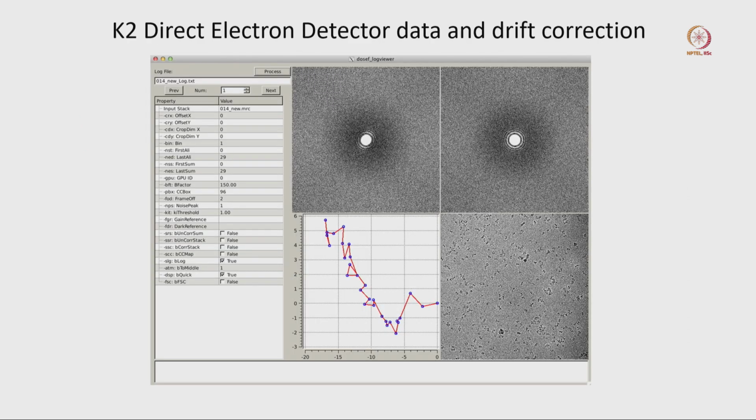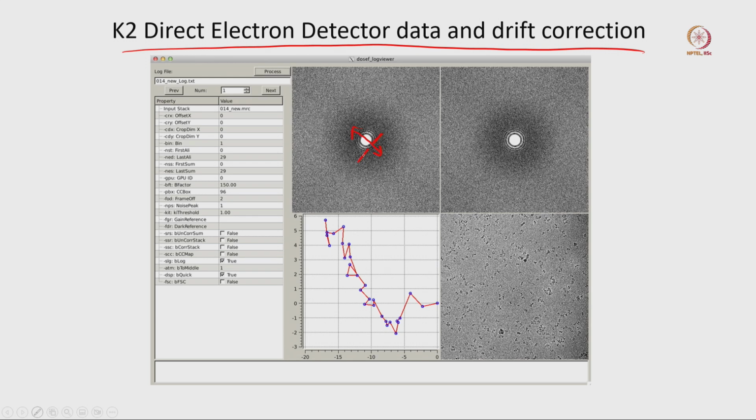Now, this is a drift correction tool, and this data is collected on a K2 direct electron detector. Here we will show how we are correcting the drift. This is a power spectrum, and if you look at it in one direction, you can see we are losing signal, and in this other direction we can see some signal.